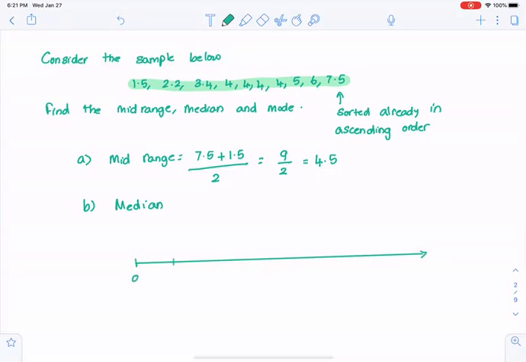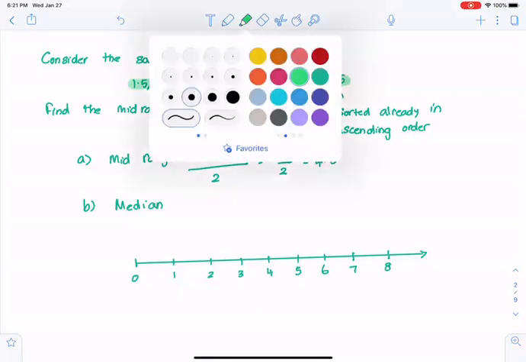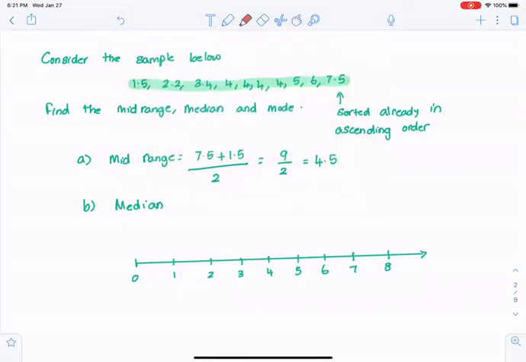So I have one observation at 1.5, one at 2.2, one at 3.4. I have 4 of them at 4, and 1 at 5, 1 at 6, and 1 at 7.5.